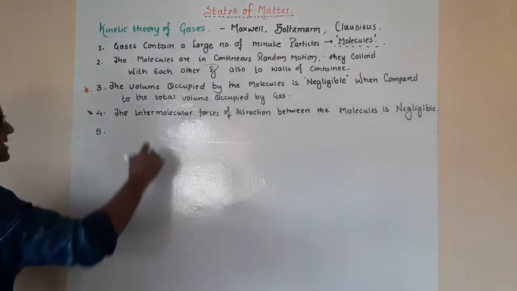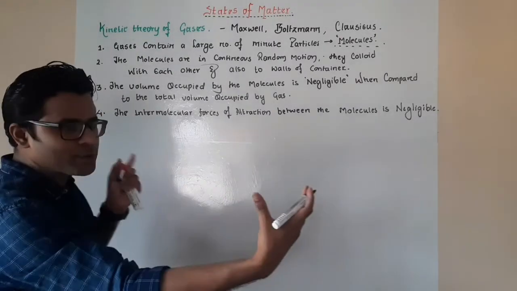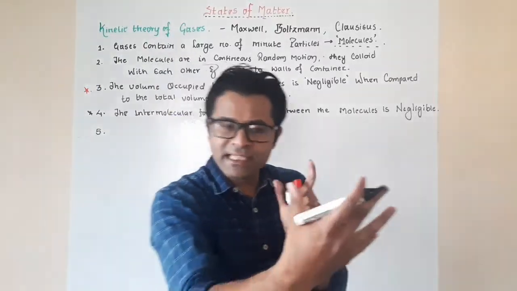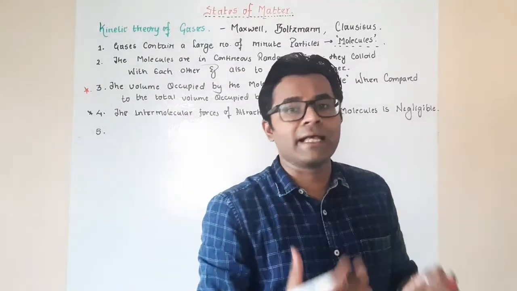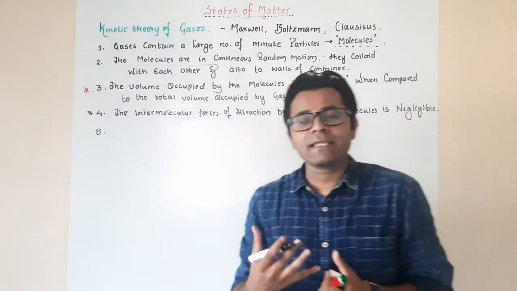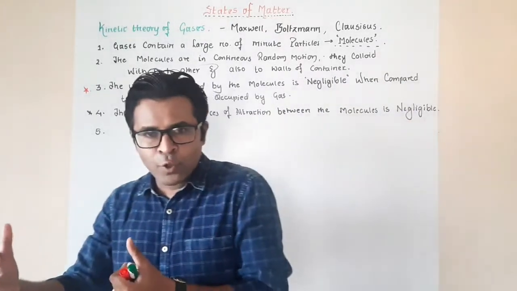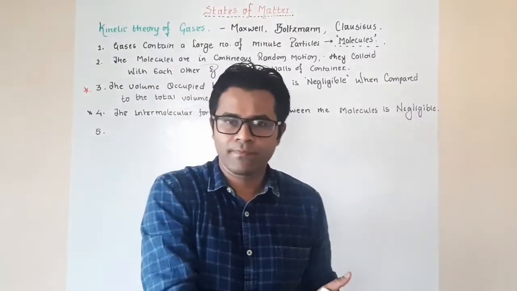Now, the fifth point. The fifth point says that whenever two molecules come forward and collide, this collision is perfectly elastic. What they mean by elastic is that there is no gain or loss of energy.